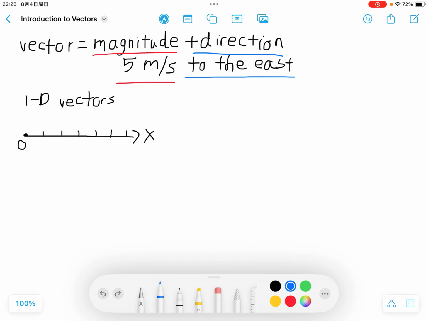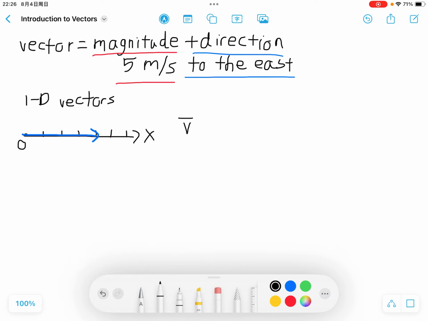So how exactly do we represent 1D vectors, just for really simple things? For one-dimensional vectors, they're all facing in one direction, right? So we can literally just state the magnitude, and we usually represent vectors as one letter, so we can say we have vector v.